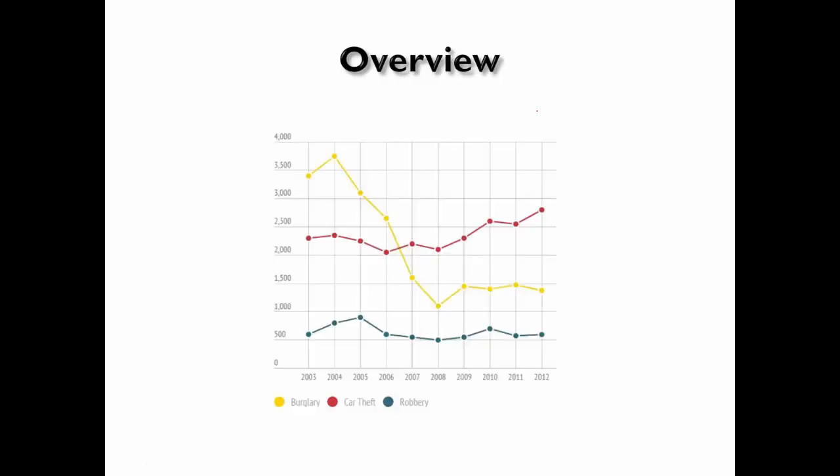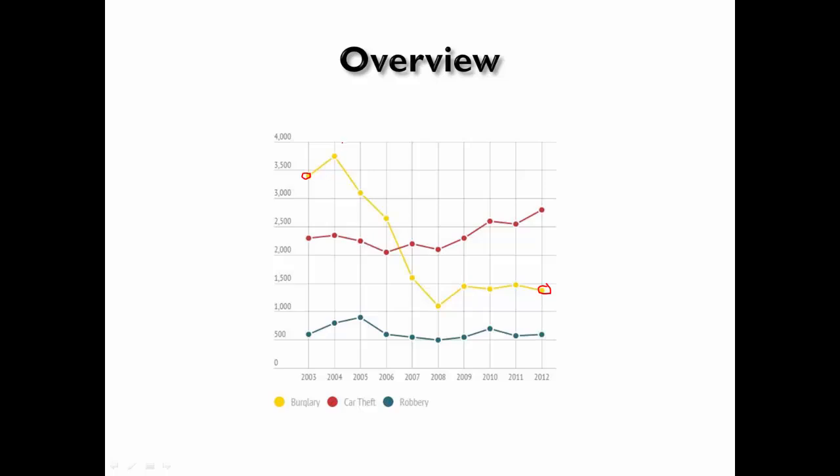So the details paragraph. This is where you report the key features in more detail. So you get into much more detail in the details paragraphs. So if we look at burglary, let's concentrate on burglary. For the overview, we were just looking at from this point to this point, and it went down. We're just giving the general overview.